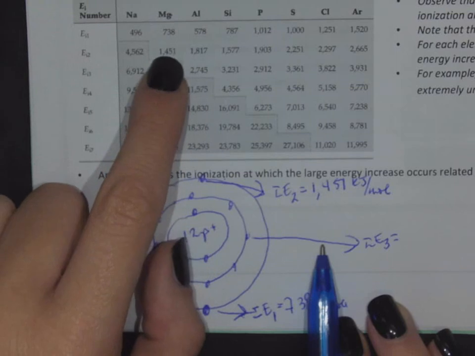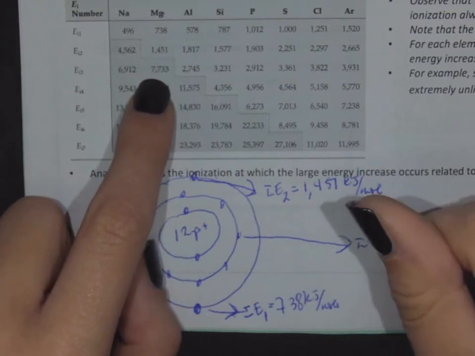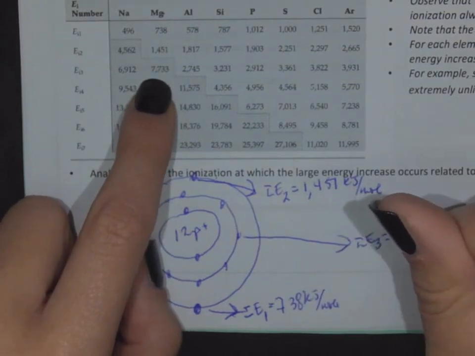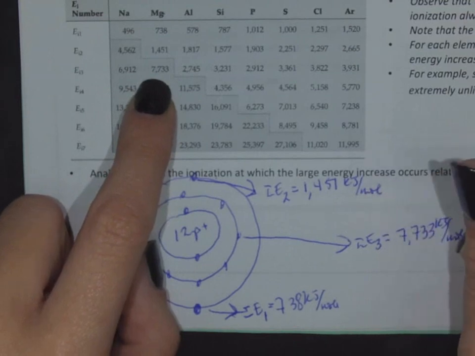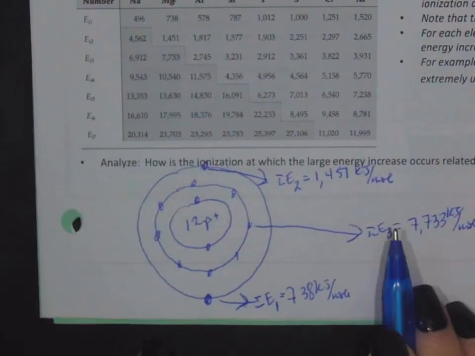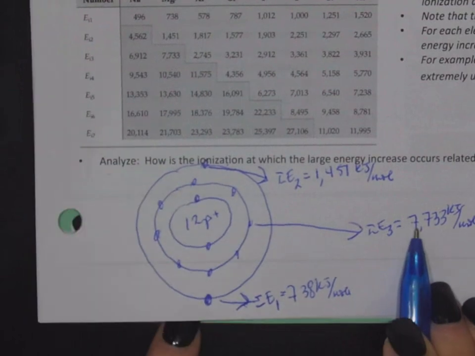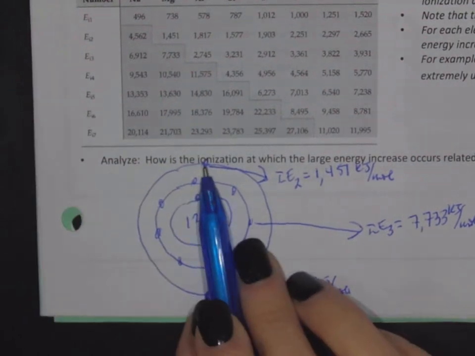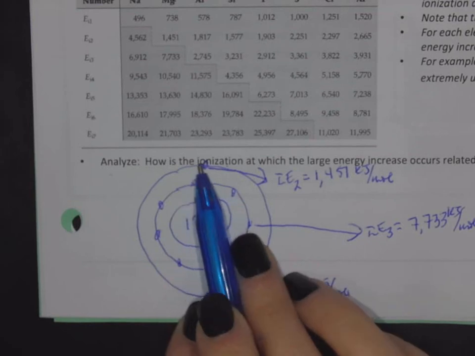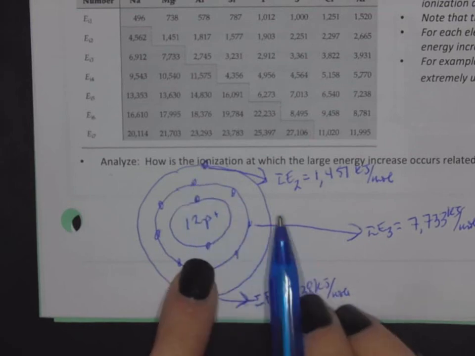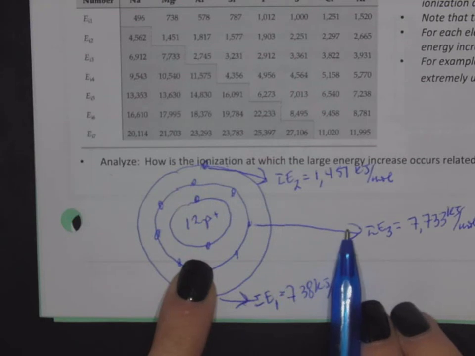We went from 1,000 to 7,000. 7,733 kilojoules per mole. Whenever you see a big jump in ionization energy, that means you got rid of all the valence electrons and you went in an energy level. As soon as you make that transition in, then the energy gets substantially bigger. It takes a lot more energy to remove that valence electron.